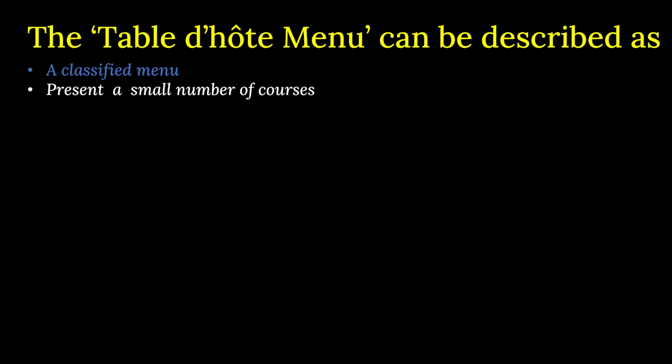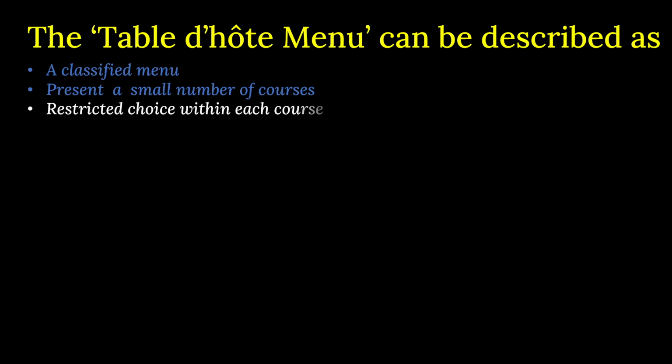Table d'hote menu can also be described further as a classified menu presenting a small number of courses, not 10 course, 7 course, 5 course like that, maybe 3 course, maximum of 4 course. Restricted choice within each course, as I was talking about in my earlier slide, that you may have the option to select either the appetizer or soup, either or.